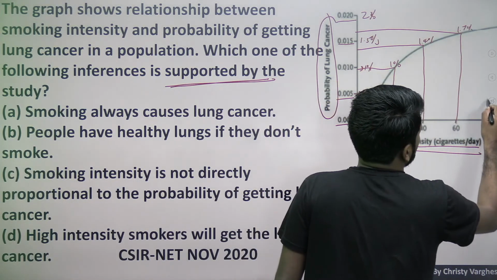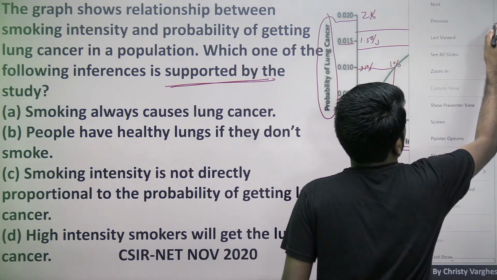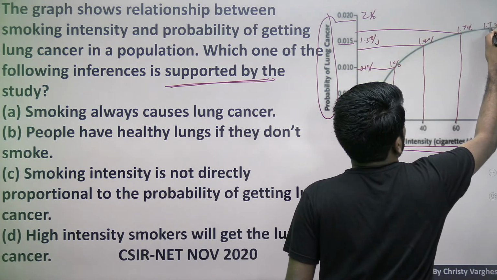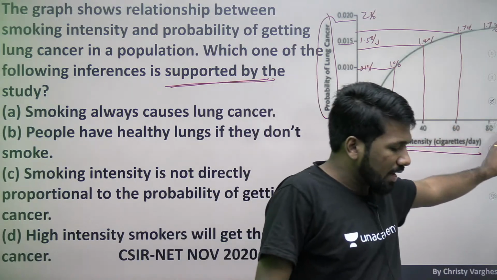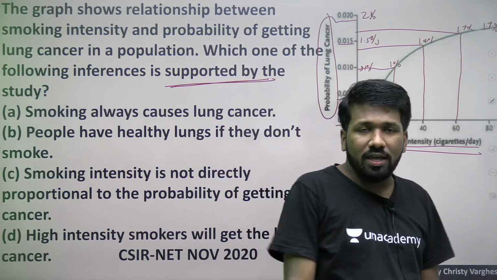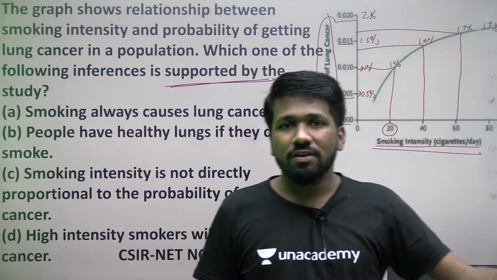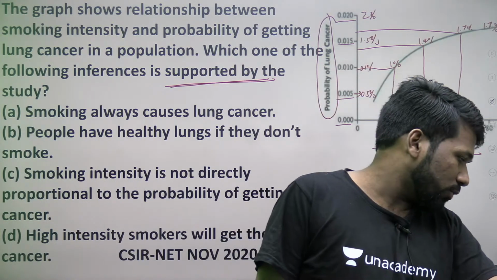And 80 cigarettes means almost 1.7 itself or 1.75, approximately 1.7 itself. That means in the given data, the maximum number of cigarettes per day smoking also, the chance of lung cancer is 1.7%. Did you understand this data now?